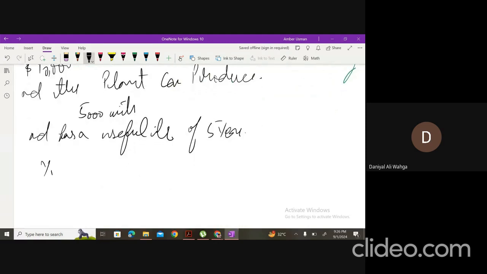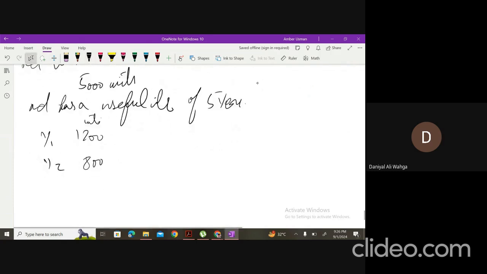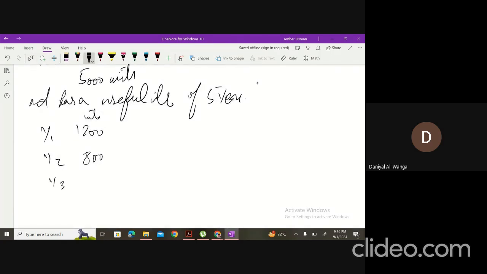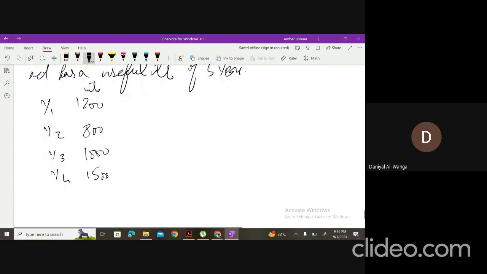In year one, the plant has produced 1,200 units. In year two, it has produced 800 units. In year three, it has produced 1,000 units. In year four, it has produced 1,500 units. And in year five, it has produced 500 units.